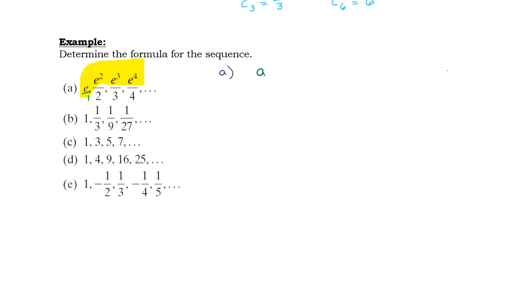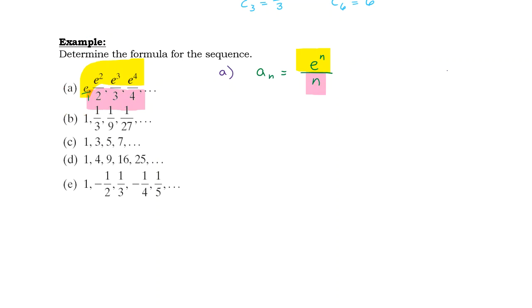All right, so I'm going to say a sub n equals, and then basically I'm going to write a formula for the numerator and a formula for the denominator. Well, the numerator is going e to whatever n is, right? So I say e to the n. As far as the denominator goes, that's just the n value. So the denominator is 1, 2, 3, 4, so this is just n. And that is your formula.